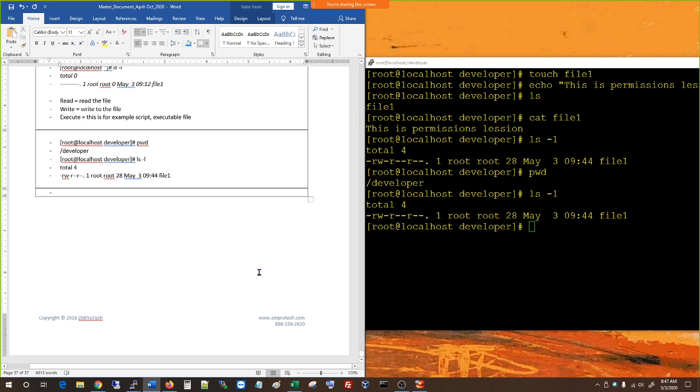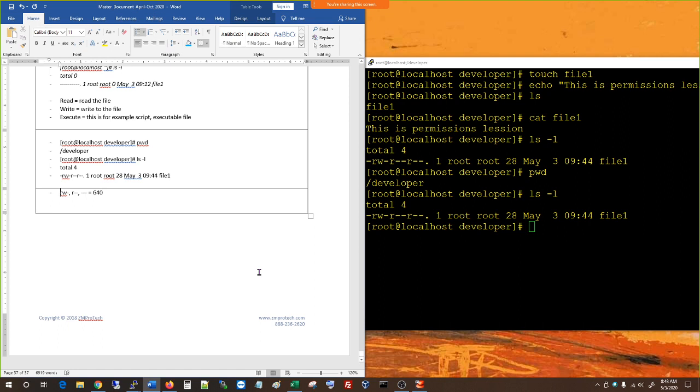So read write hyphen, comma, read, blank blank, and then keep three blanks here. So what will be the permission here? Anybody? 640. Yeah, 640. Okay, good.